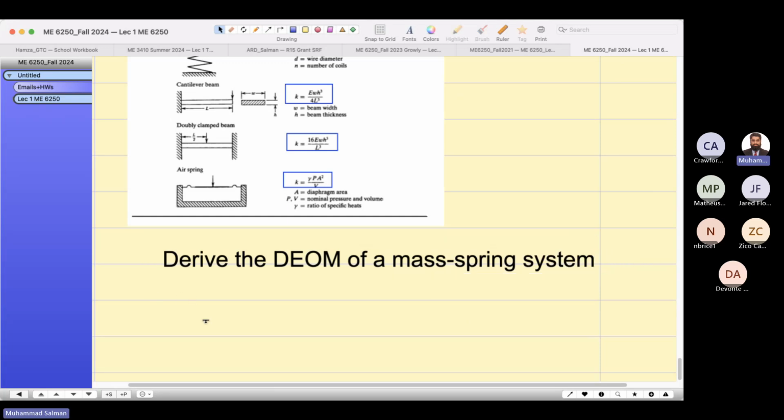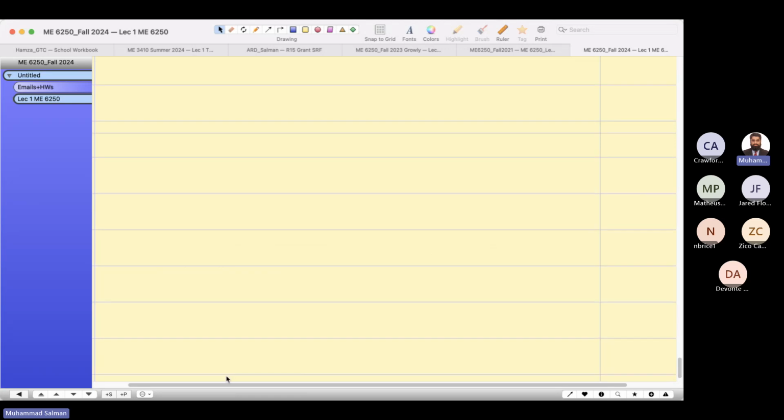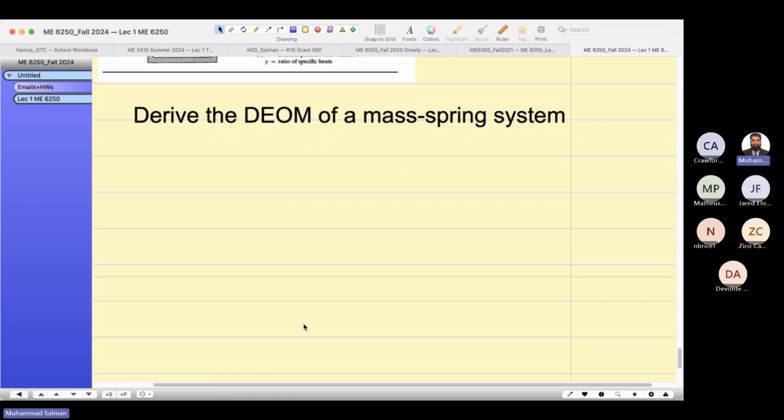If I ask you this question, how would you derive it? Let me show you how you would derive this equation of motion. This X is telling you that this is vibrating in the direction as shown here. Okay, guys.